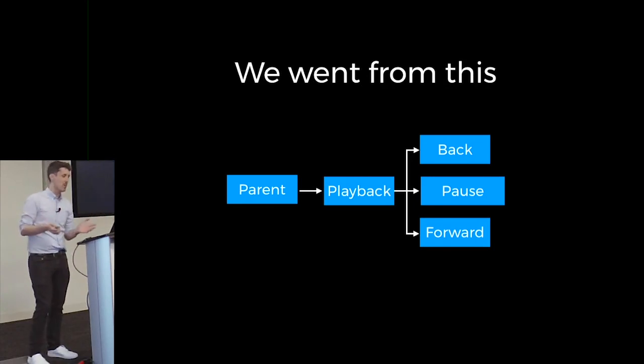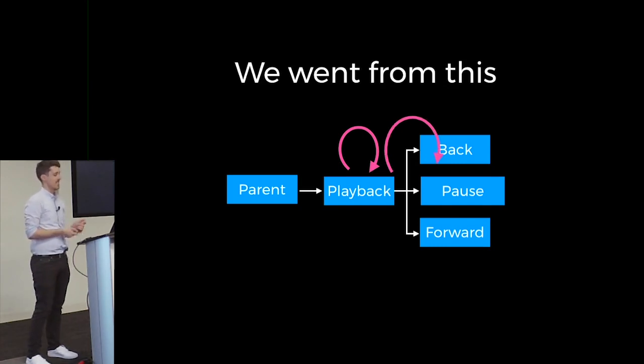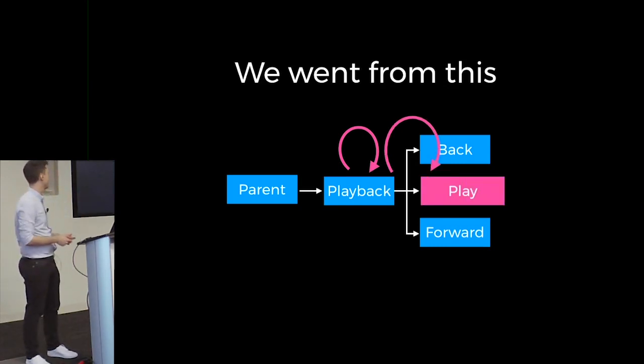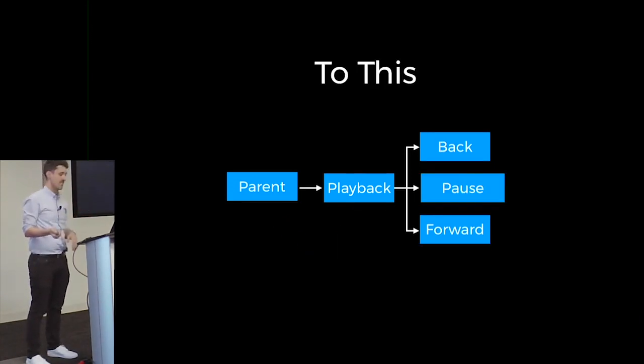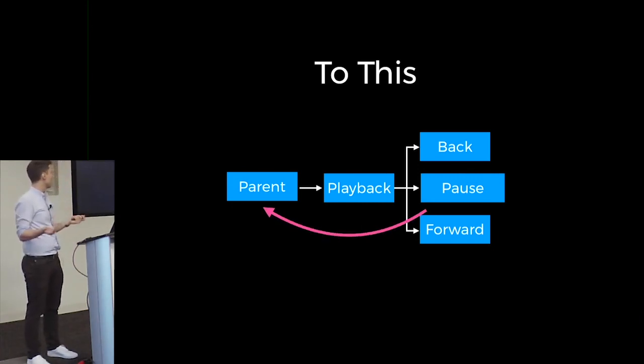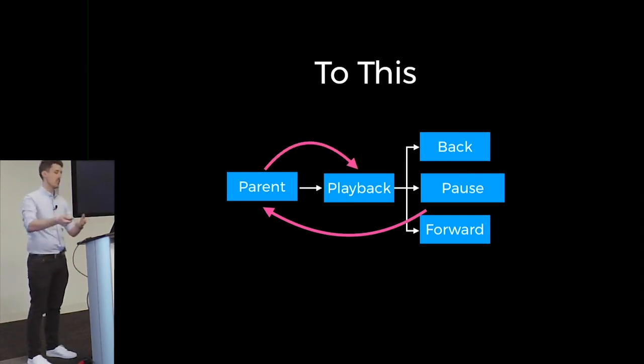So essentially, we went from something like this, where playback would update itself, and then it would update the play button, and then it would tell its parent. So it was kind of, I don't know what this is. And we moved to something like this, where you tap the button, the parent is notified, it's able to update the state, and then it can pass that state back down to the view controller, and poof, look at that.